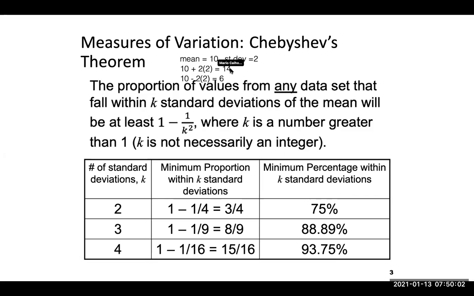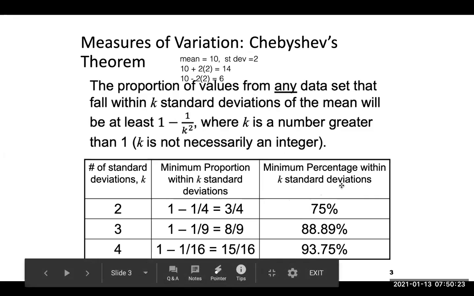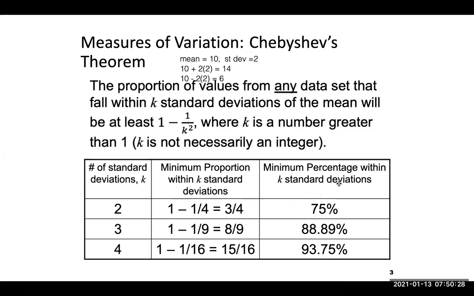So if I was able to list all of the data points, 75% of them. I have some data, I don't even know how many points of data I have, but for that data, if the mean is 10 and the standard deviation is 2, that means 75% of my data is between 6 and 14.